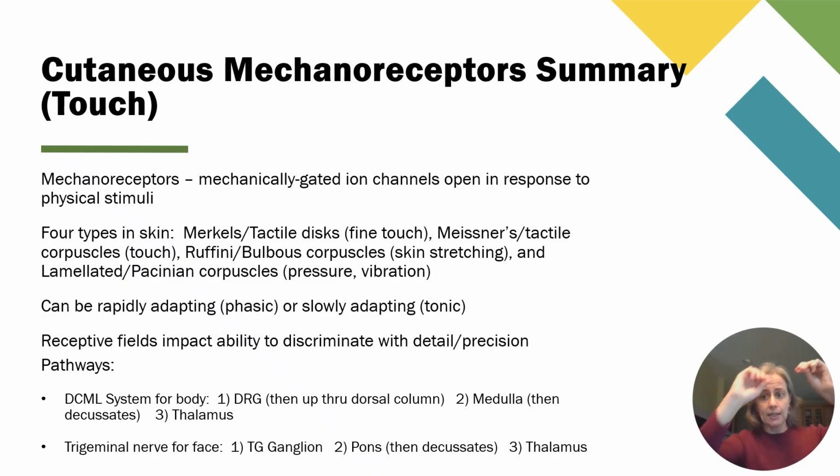And then that axon decussates, goes to the other side, and then travels up through the medial lemniscus to the thalamus, where we synapse on our third order neuron, which then is going to send the signal to the somatosensory cortex. And in the case of the trigeminal nerve for the face, it's going to be the trigeminal ganglion, and then we synapse in the pons, decussate, and then go up to the thalamus from there.